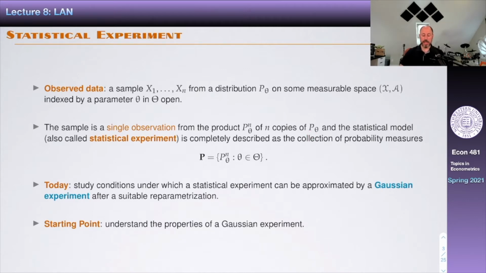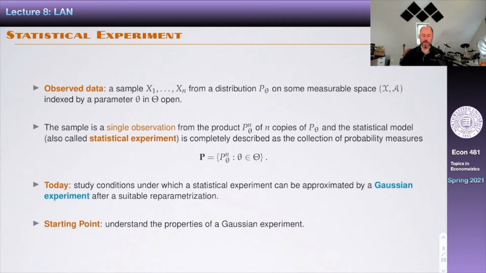The statistical model, also called the statistical experiment, is completely described as a collection of probability measures P_theta^n. So in simple terms, the statistical experiment just has the model given by P_theta and the sample size n. Today we're going to study conditions under which the statistical experiment can be well approximated by a Gaussian experiment.